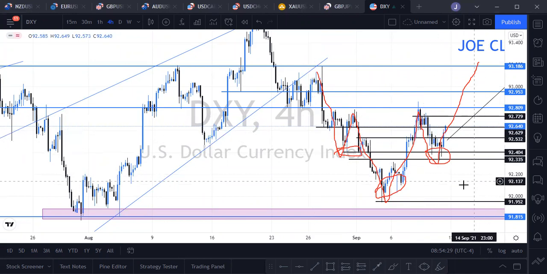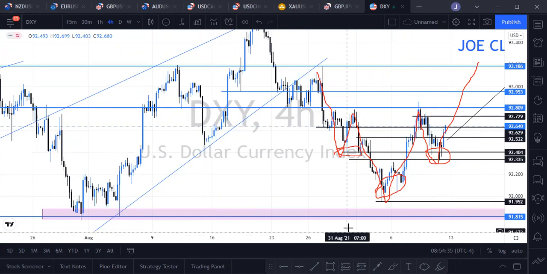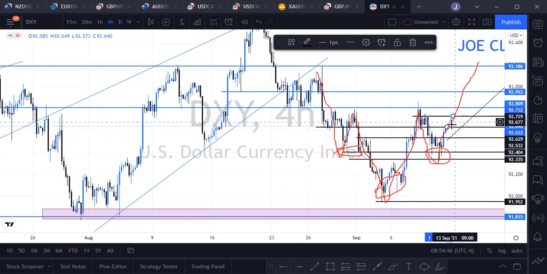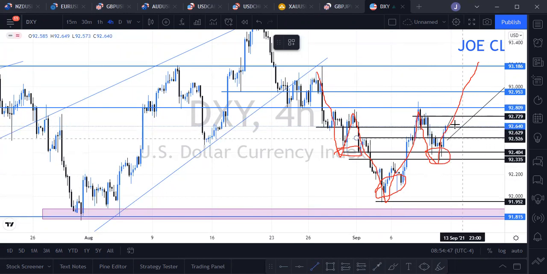So when price gets to 92,729, we'll be seeing a pullback to this point we just added, which is 92,640. Now, when price gets to this point, we will see a pullback to this point, then the continuation to the upside.